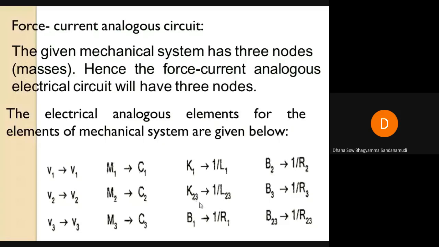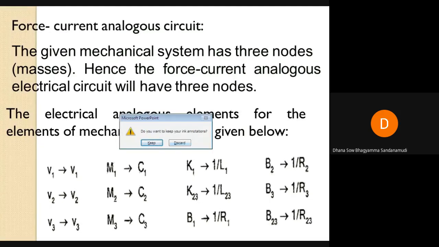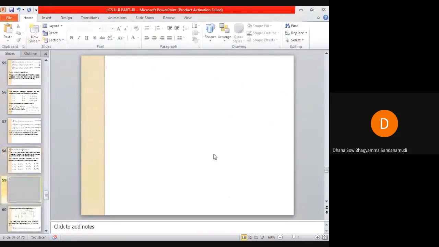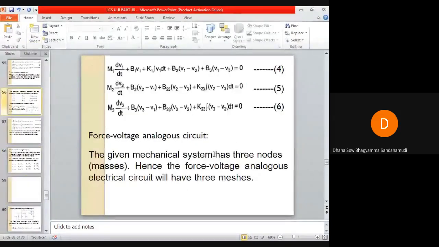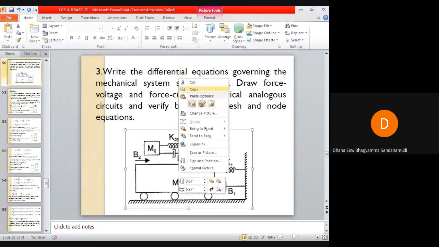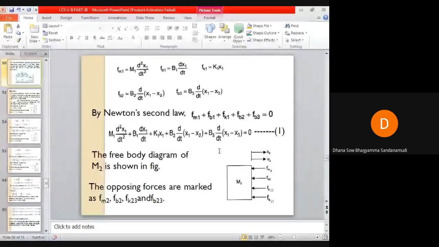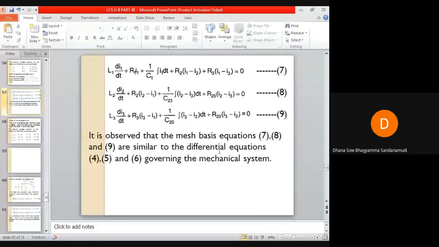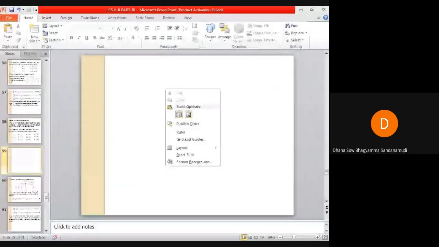Once again, I'm going to take the mechanical and electrical circuit. I'm going to insert a slide here and take the mechanical circuit and paste it here.